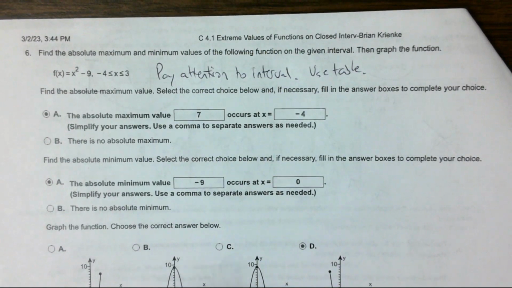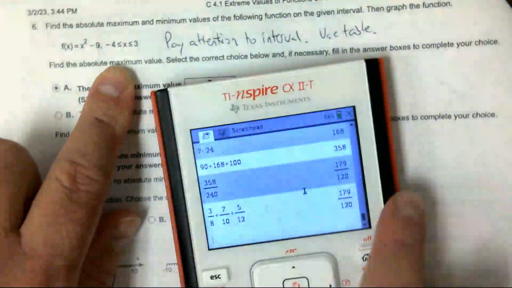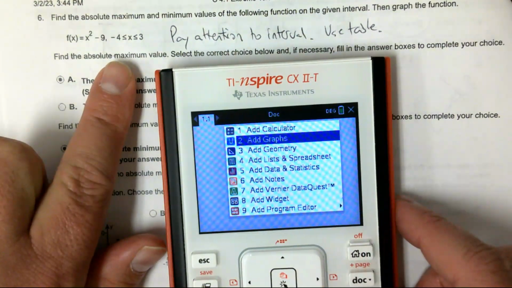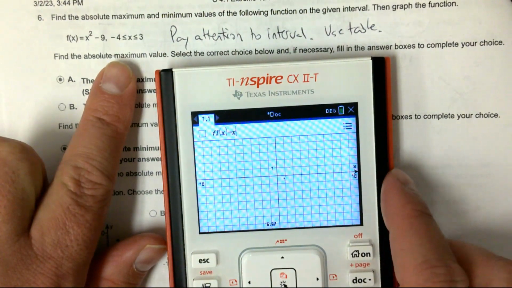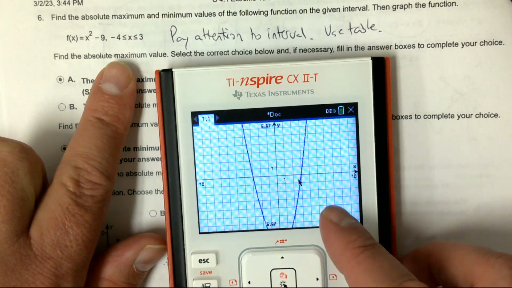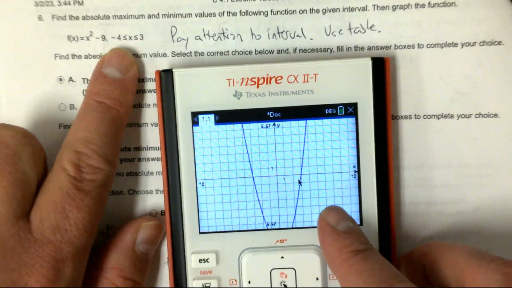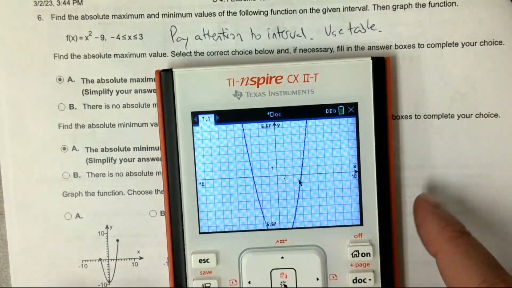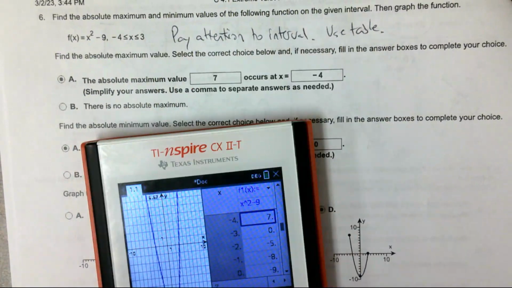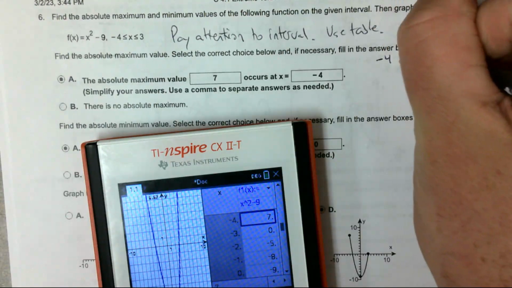So, we have x squared minus 9. Okay. And our interval is from -4 to 3. And so we go to -4. And it has 7.